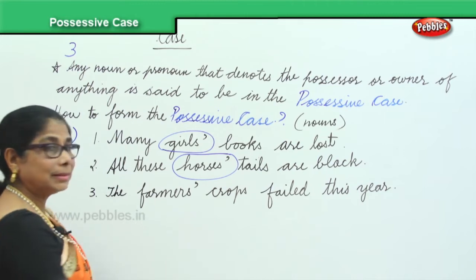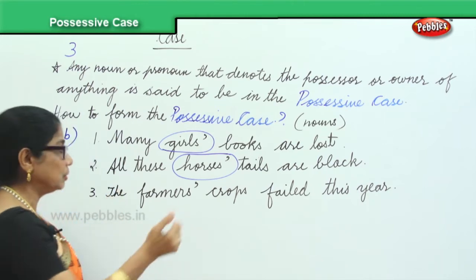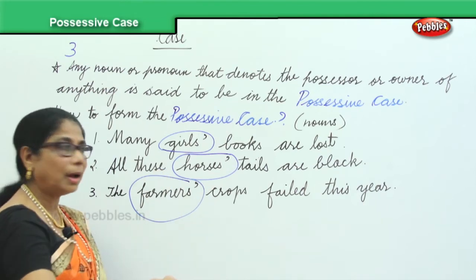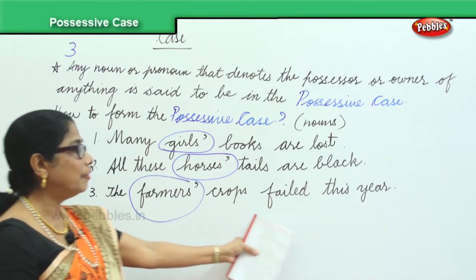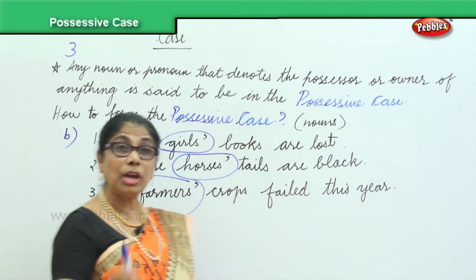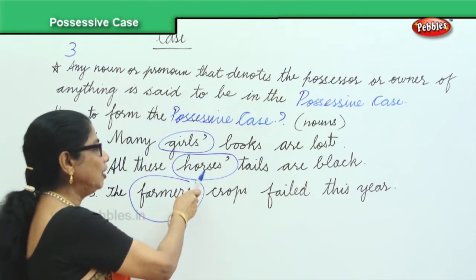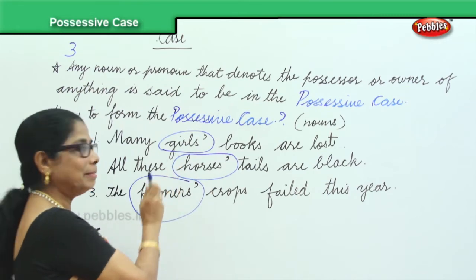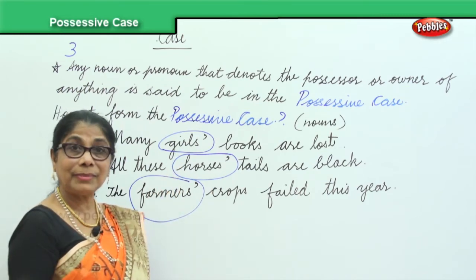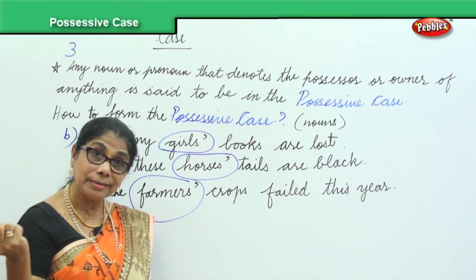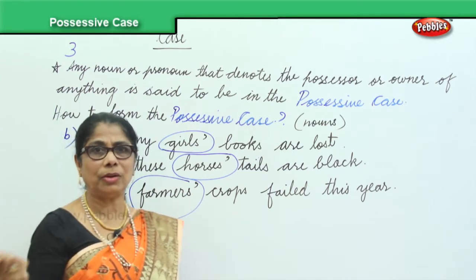The farmers, all the farmers' crops failed this year. So we are talking of many farmers, plural noun, many horses, many girls, many farmers. All the children's bags were lost.